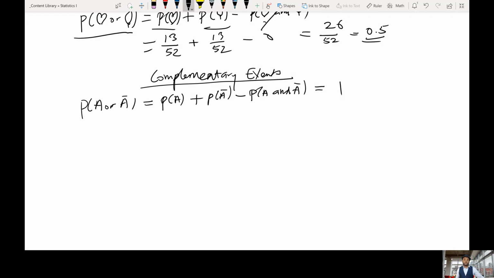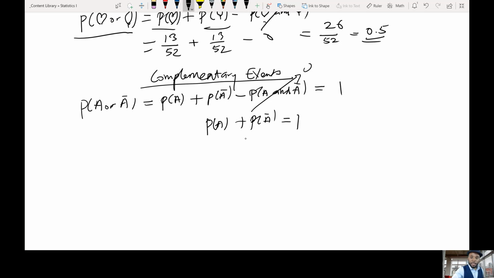It should be equal to 1, because we are saying the probability of A or A complement. Now, clearly, the joint term is impossible, so it is 0. So the probability of A plus the probability of A complement is equal to 1.